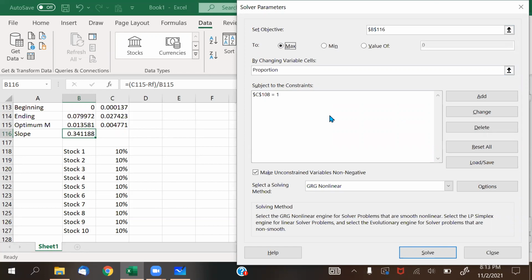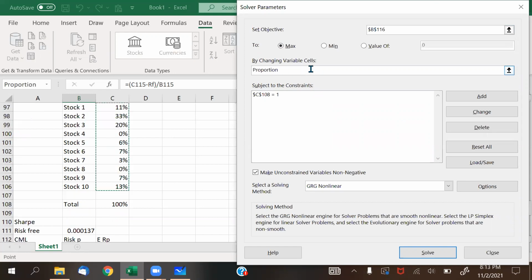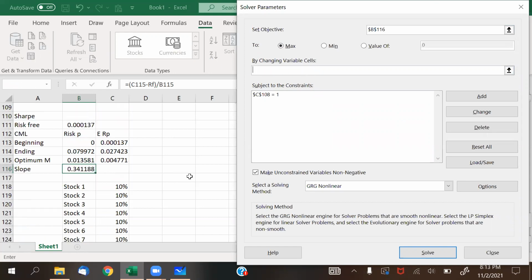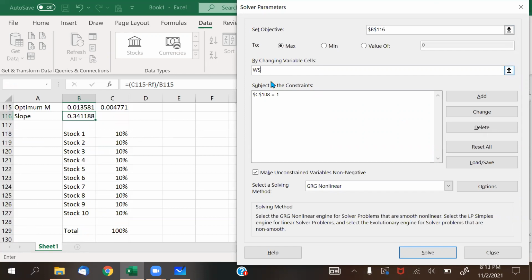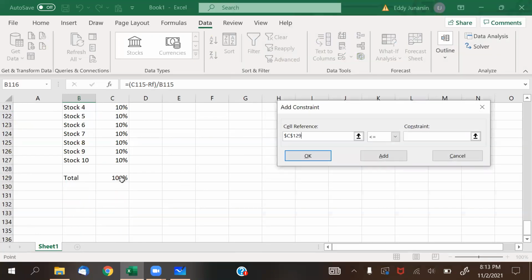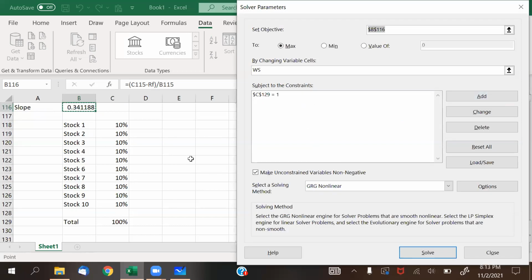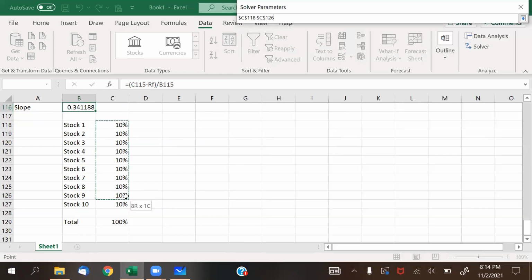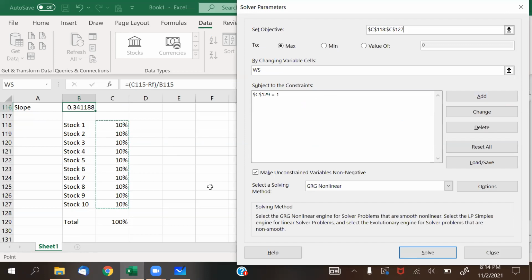So we want to maximize the slope, the Sharpe ratio, by changing the weights, WS. And then the constraint: the total amount of money should be 100%. And if you want to add the short selling constraint, it means that this should not be less than 0, so it should be equal or larger than 0.